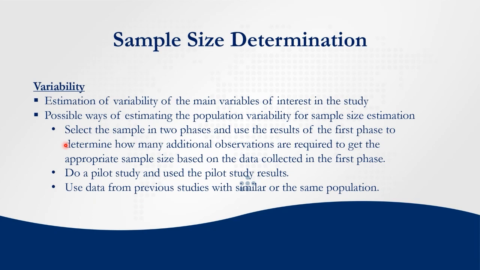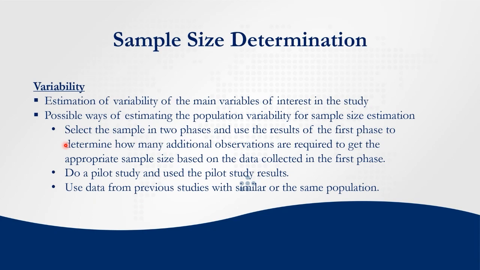I think you remember that variability was one of the elements we need as an input into our sample size formulas or techniques. We need a measure of variability as an input, in relation to the variables of interest in the study.